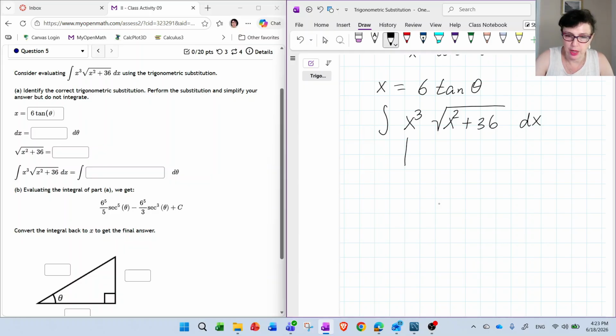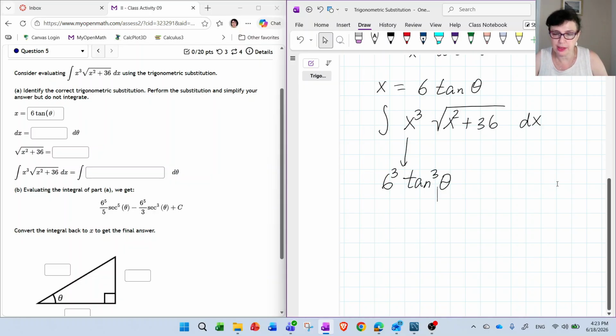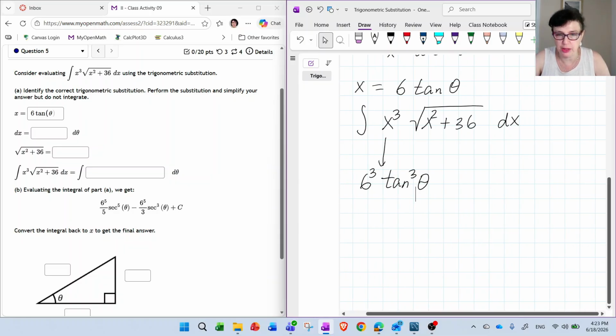Okay, let's look at what happens when x is cubed. Because 6 tangent theta is going to be cubed, that means the 6 will be cubed, which by the way is 216, but I'm just going to say 6 cubed, and also tangent will be cubed. So remember that both will be raised to the power 3. Now, what about dx? So dx is a differential, but it's really the derivative multiplied by d theta.